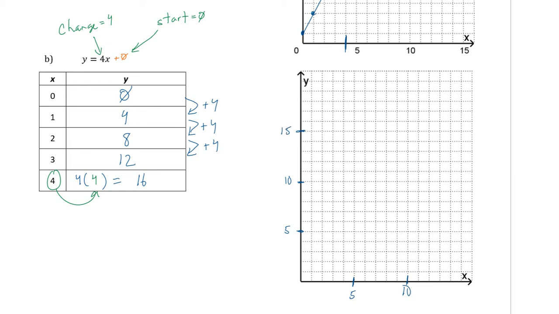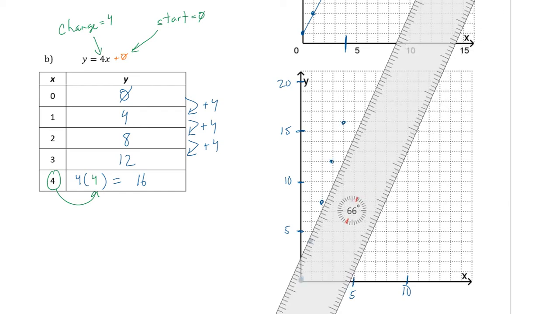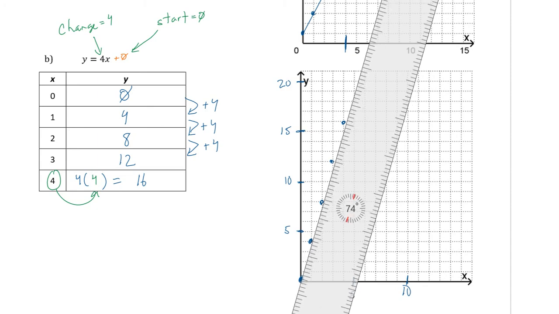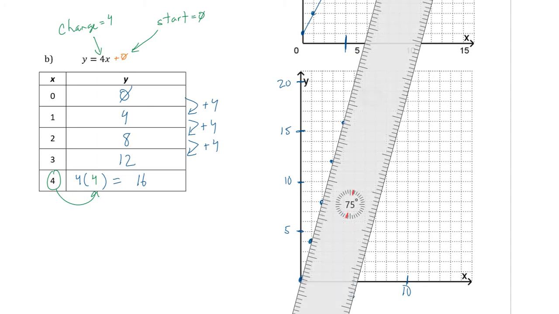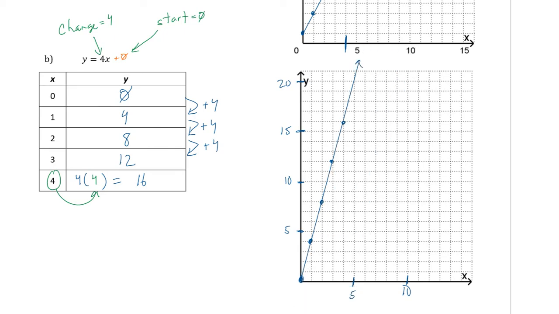Then labeling every one, it's not as cluttered, it's nice and clean, and it's faster, it's easier because it's less writing. So we started at 0, and every time we went over 1, we went up 4. And there we have it. There's that pattern.